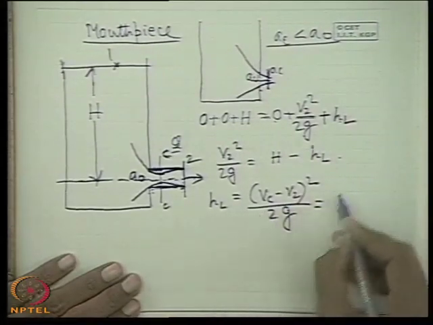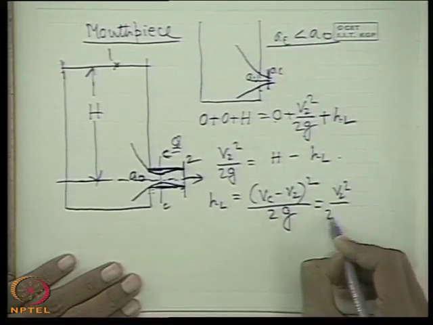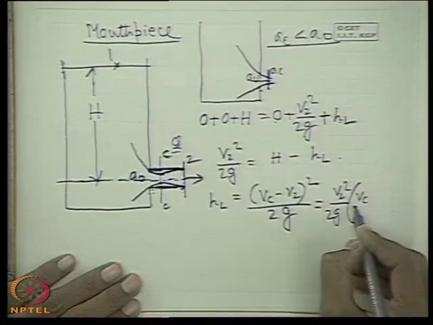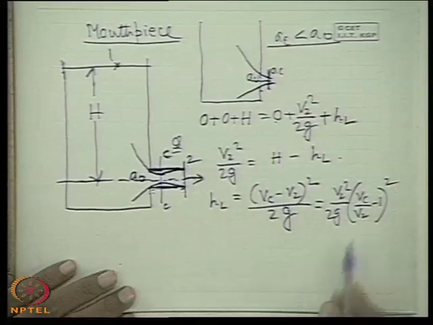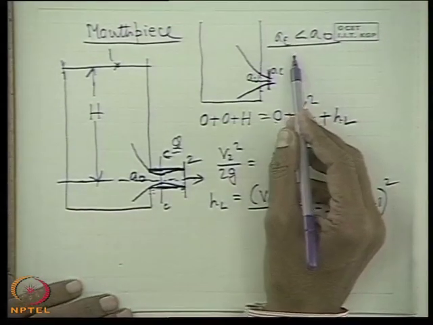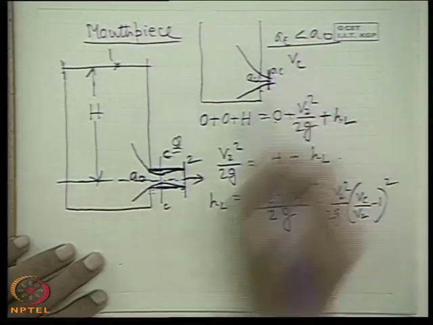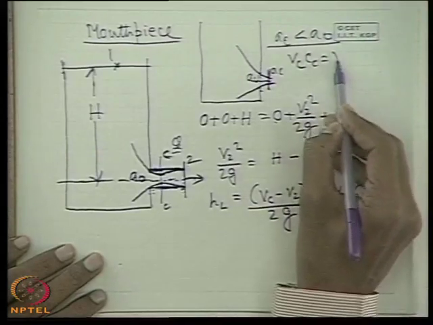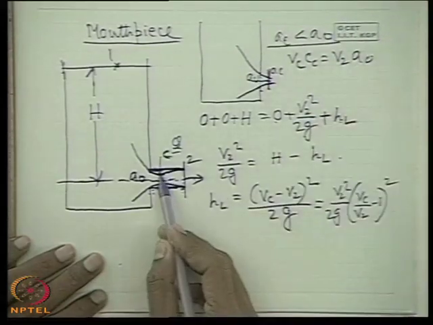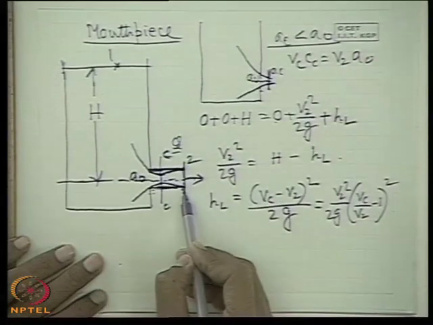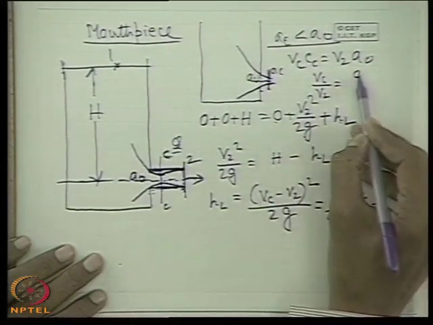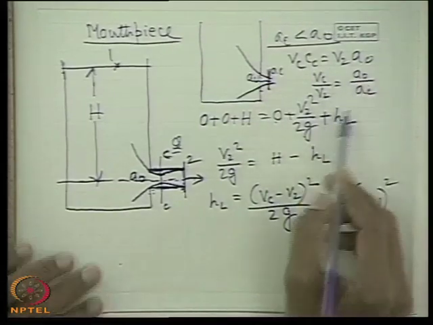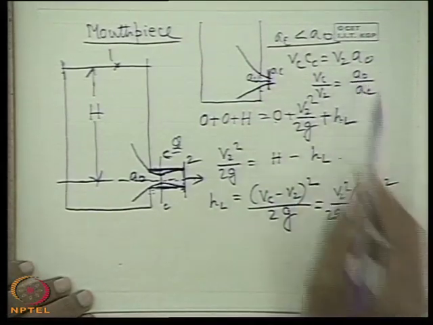That means if I take this V2 square by 2G common, then it is Vc by V2 minus 1 whole square. Now Vc by V2, if you see here, the continuity equation, Vc into AC is equal to V2 into A0, the continuity between these two sections. Therefore Vc by V2 is what? A0 by AC. That means 1 by Cc. Cc definition is AC by A0.